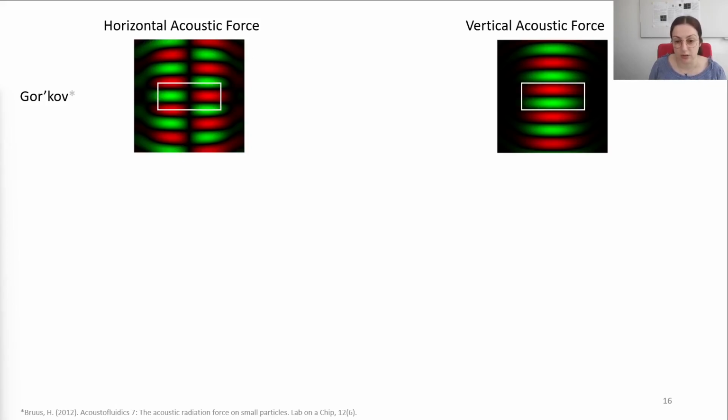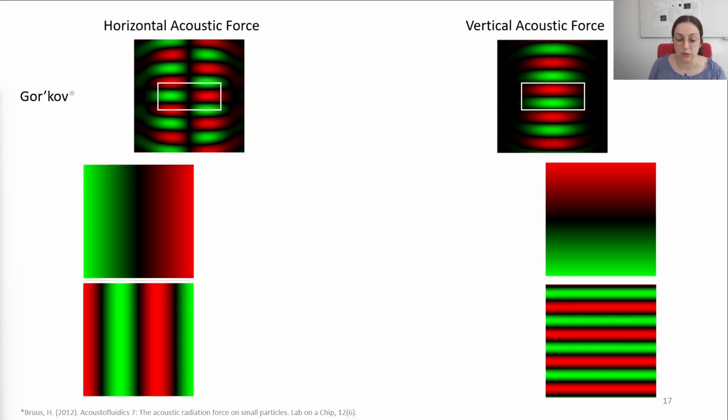The two colors correspond to forces acting in opposite directions. Note that the Gorkov model becomes increasingly more complex away from the main trap. But our specific setup and objective allow us to consider simplified analytical models that provide a good approximation for the region around the peak forces.